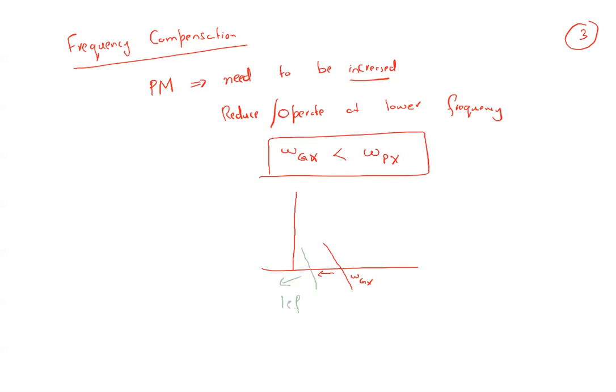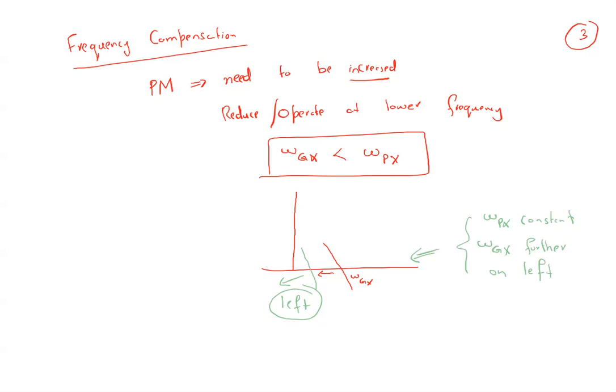If you keep the phase crossover frequency omega px constant and bring omega gx further left, it will help in making your system stable.